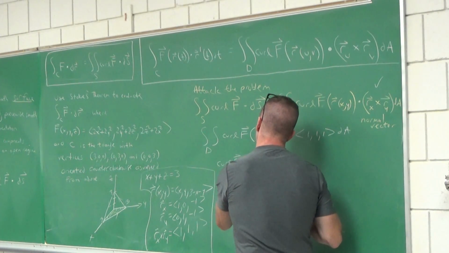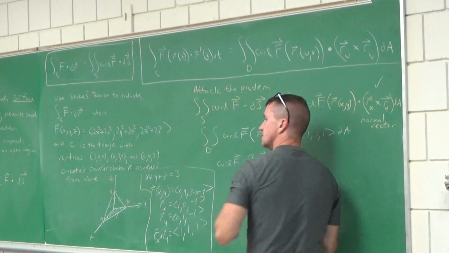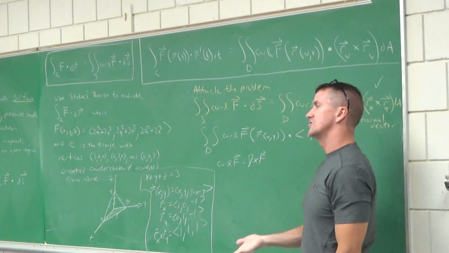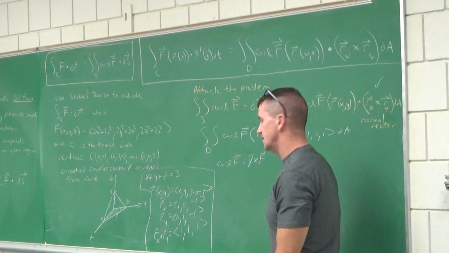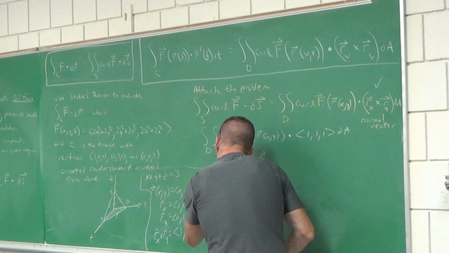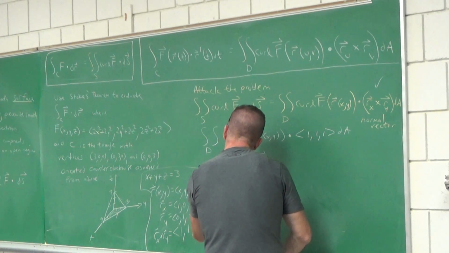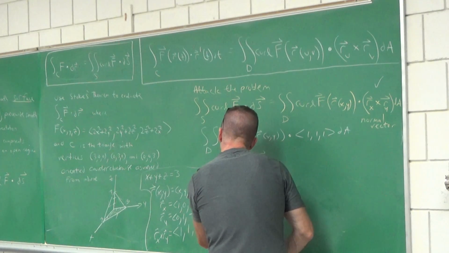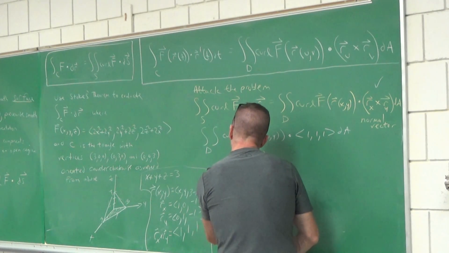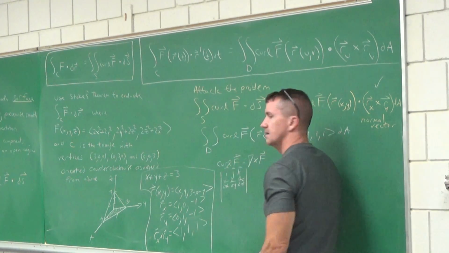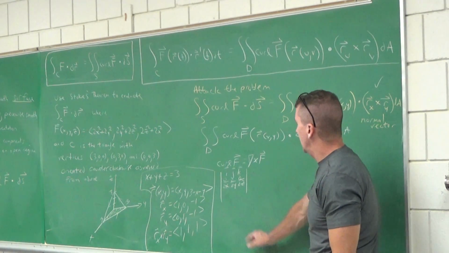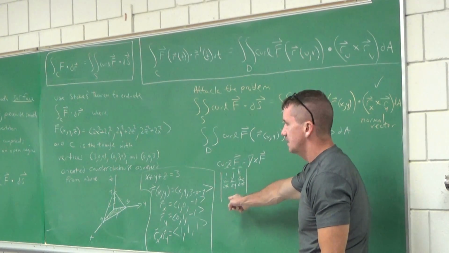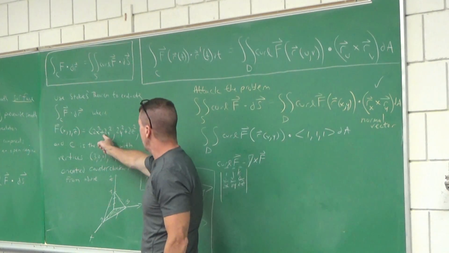Del cross F. We haven't done the curl since section 16.5. Let's try it. We can make a matrix, i j k, d/dx, d/dy, d/dz, and I gotta put all that here.